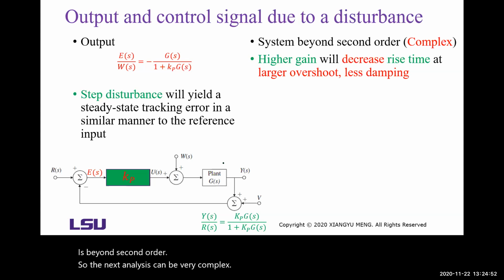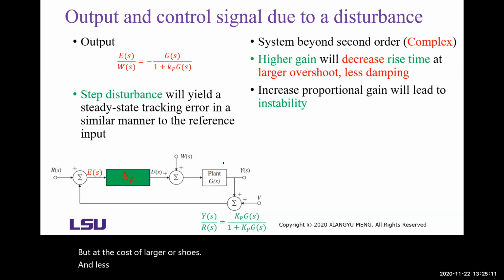But in general, we have the principle that a higher gain of Kp will decrease rise time, but at a cost of larger overshoot and less damping. Also, when we increase the proportional gain, it may lead to instability of the system.